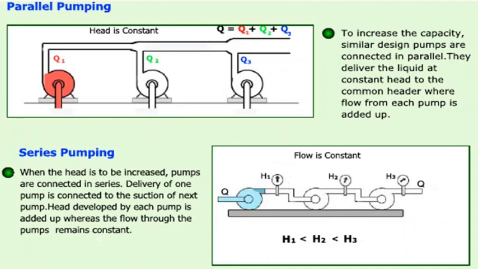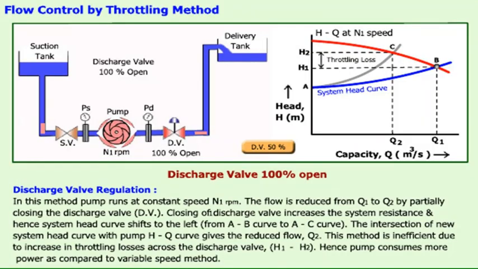So when series pumping is arranged, flow remains constant but head developed in successive pumps is more, and that is improving the discharge capacity at a higher pressure. Another method of control of flow is by closing or opening the discharge valve, which is also known as throttle control arrangement.